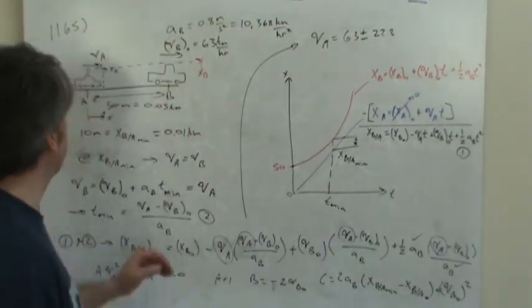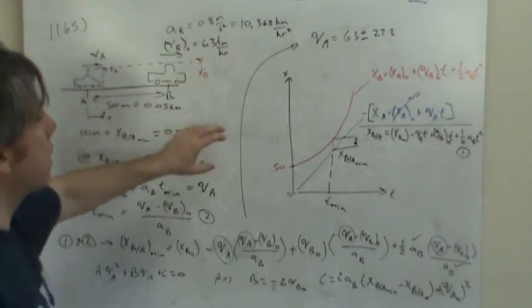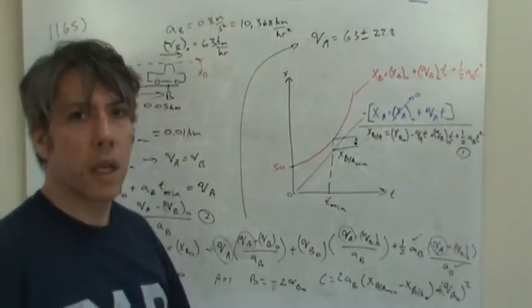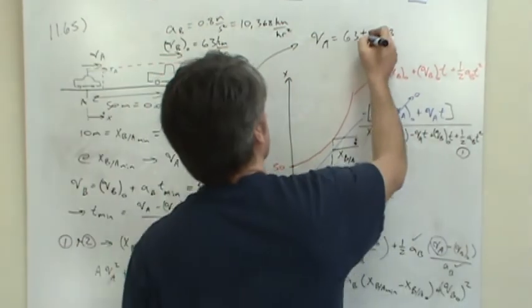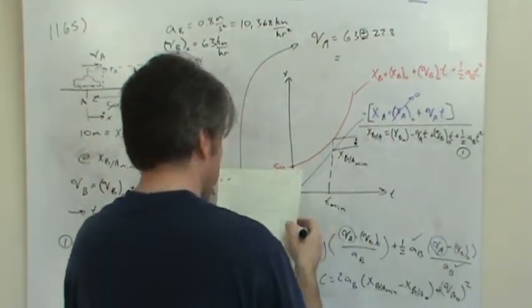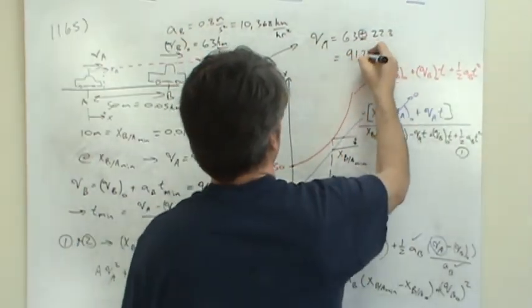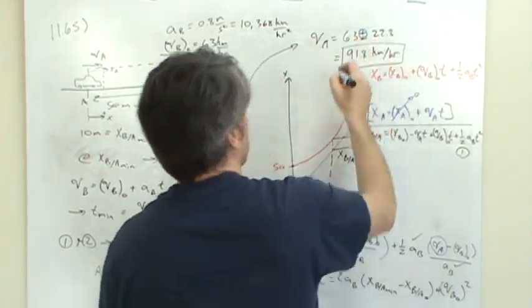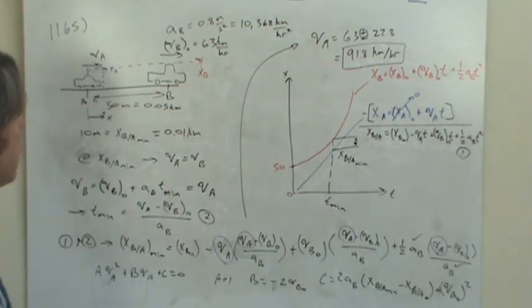Well, obviously, if A's velocity is less than 63 kilometers per hour, it would never catch B. So we have to choose the positive sign. So the velocity of A comes out to 91.8 kilometers per hour. And there's our speed of car A.